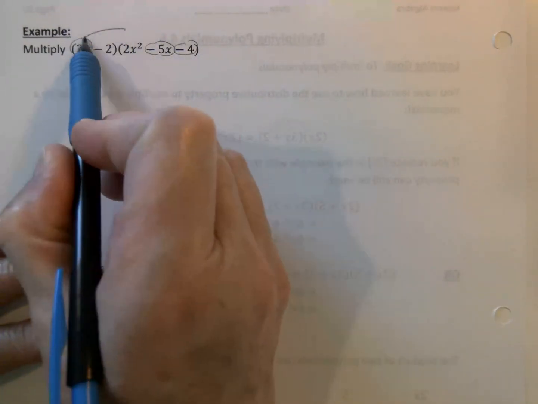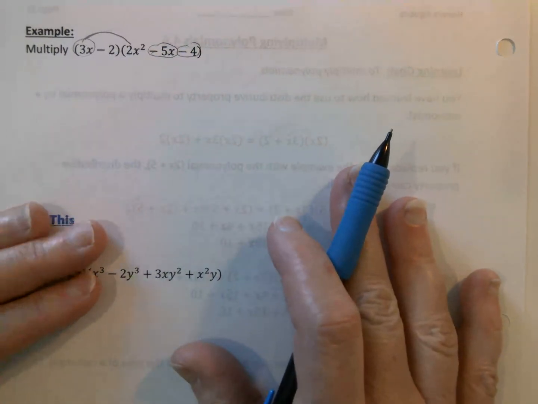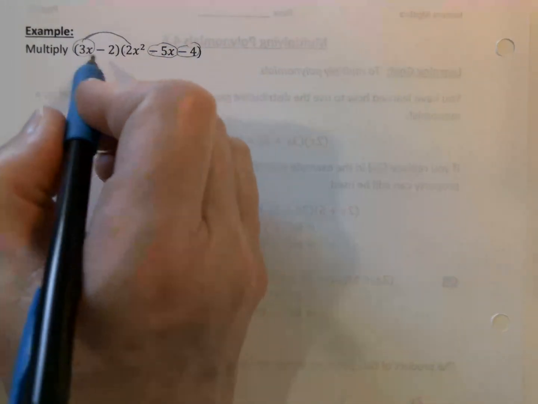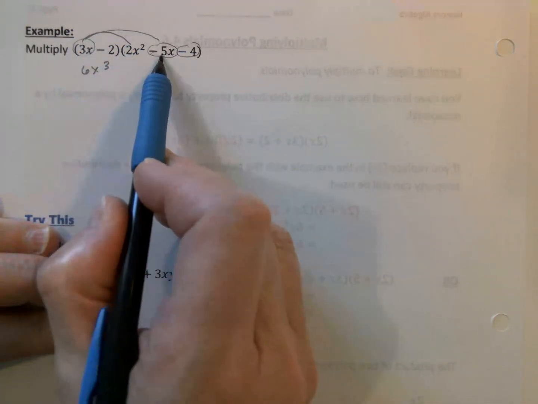So I'm going to start with 3x times 2x squared. The 3 times 2 gives me 6. X times x squared gives me x cubed. Then I'm going to do 3x times -5x. And let me write these down a little bit lower, save myself some room.